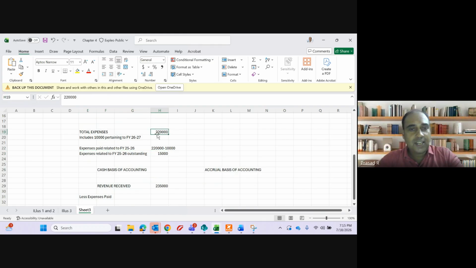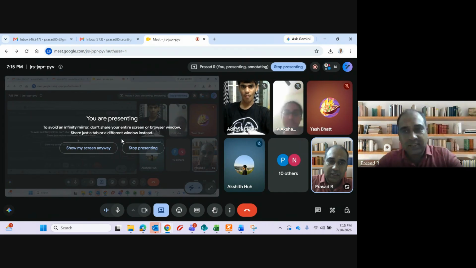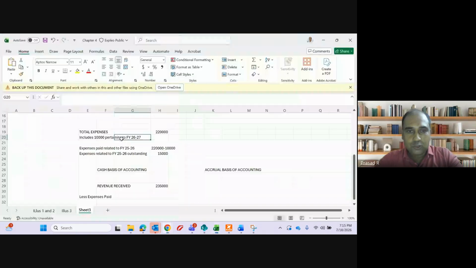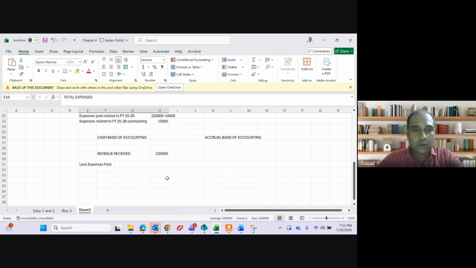Out of this total expenses, some expenses related to 26-27. When we do cash basis of accounting, we are never bothered about whether it is related to this year, last year, or future year. Clear? So what is the total I paid? 2,20,000. Total expenses paid is 2,20,000.